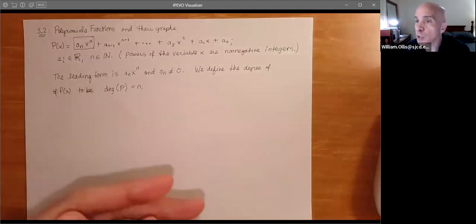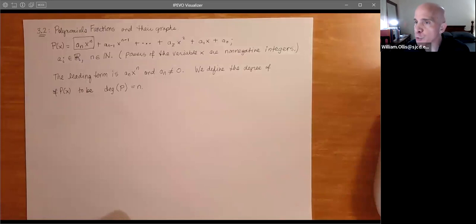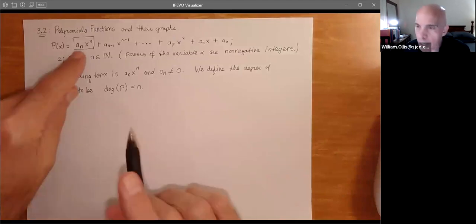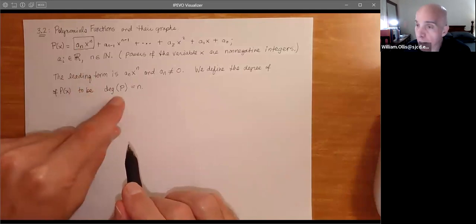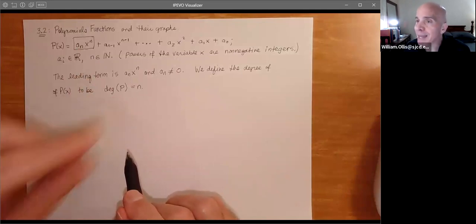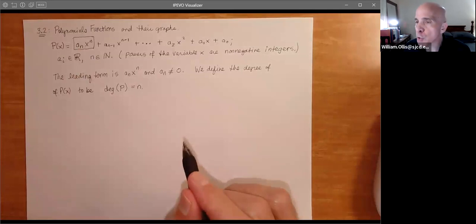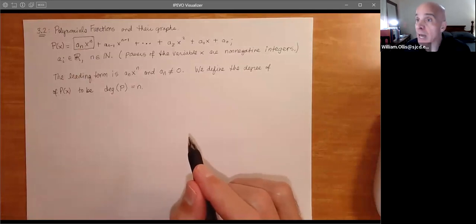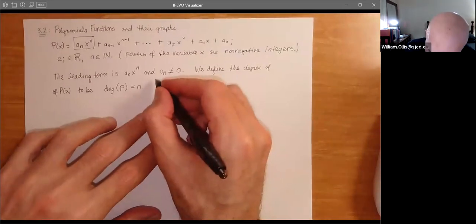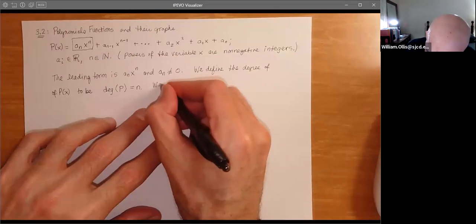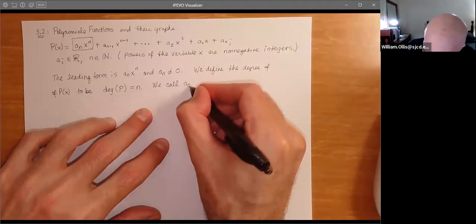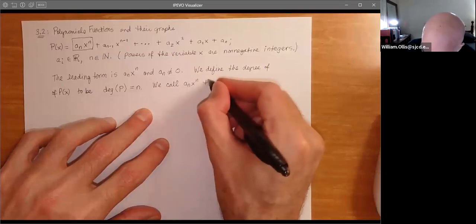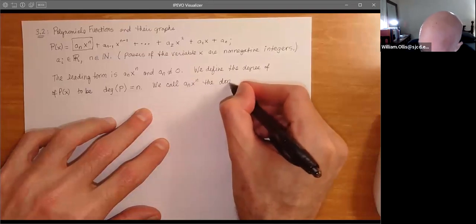For a cubic polynomial, the degree is 3. So whatever n is, which we get from the leading term, that defines the degree. And also, the leading term is sometimes called the dominant term. We call a sub n x to the n the dominant term.